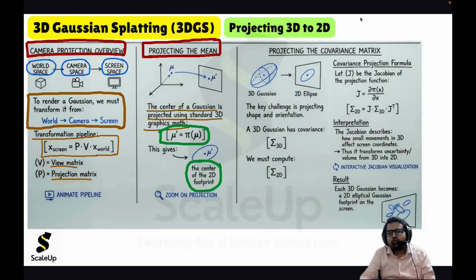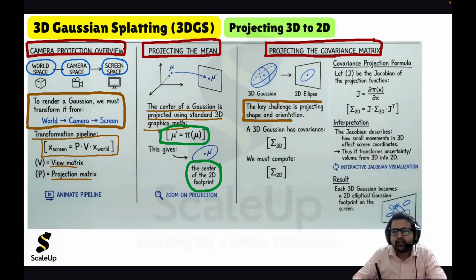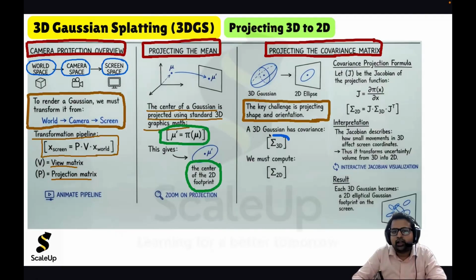Now, projecting the covariance matrix is a bit challenging, because projecting the covariance matrix means we are projecting the shape and orientation, and that's challenging. We already have the 3D Gaussian covariance, and we have to compute the 2D Gaussian covariance.